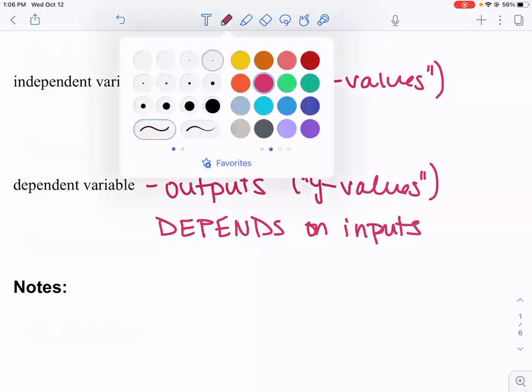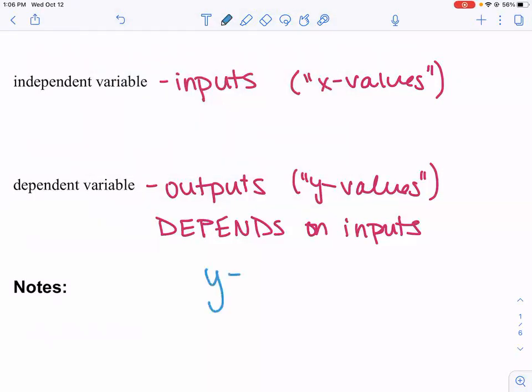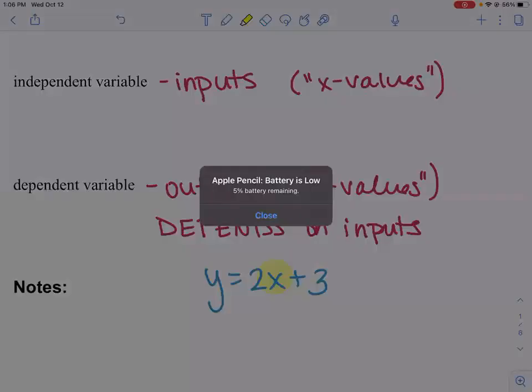I'll give you an example. So I have the equation y equals 2x plus 3. I'm going to pick x values to plug in for my inputs.